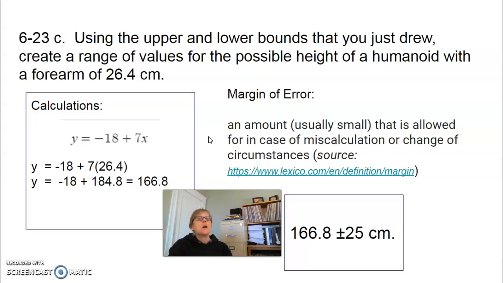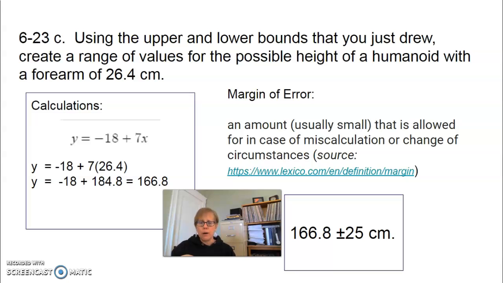But we've got to deal with the variability in the data, and this is always true in statistics. There is a margin of error, and you can see I've got the definition for margin of error. You have to report that. As you get into a higher level of statistics, you'll learn things such as standard deviation. It's a little more sophisticated, but margin of error is a good place to begin.